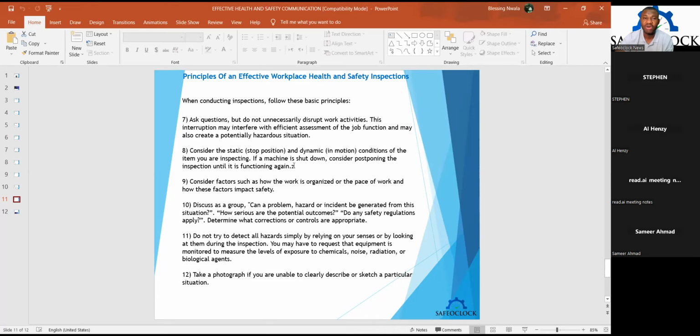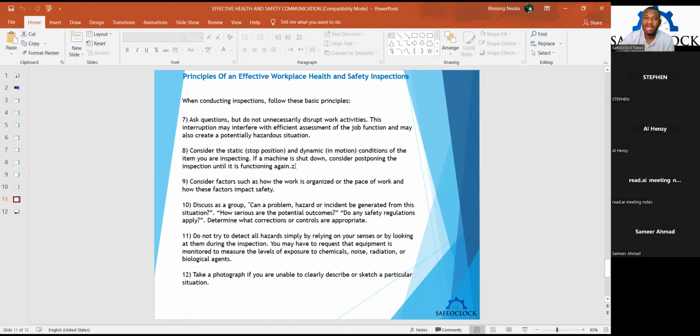Another thing you should do is consider both dynamic and stop positions. What this simply means is that if the machine is shut down during your inspection, you can just allow it to remain and come back again when that machine is in operation.